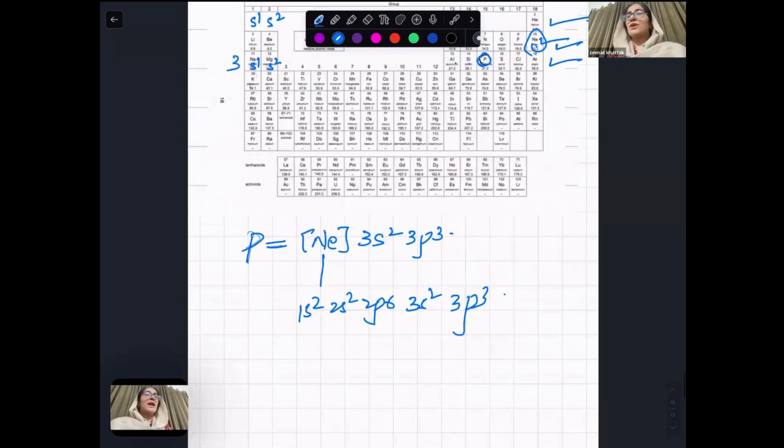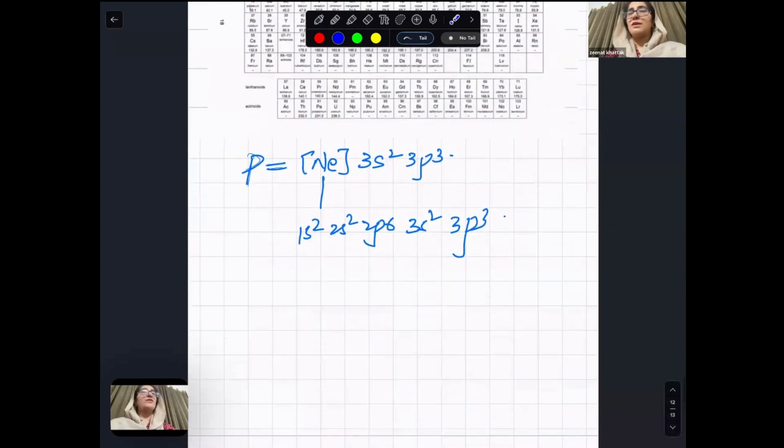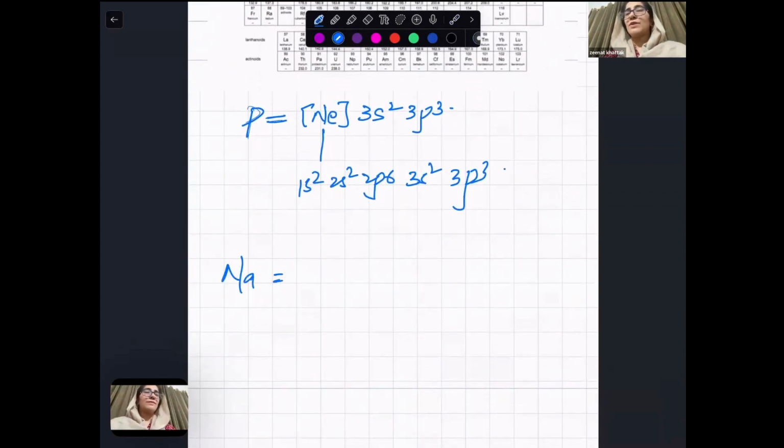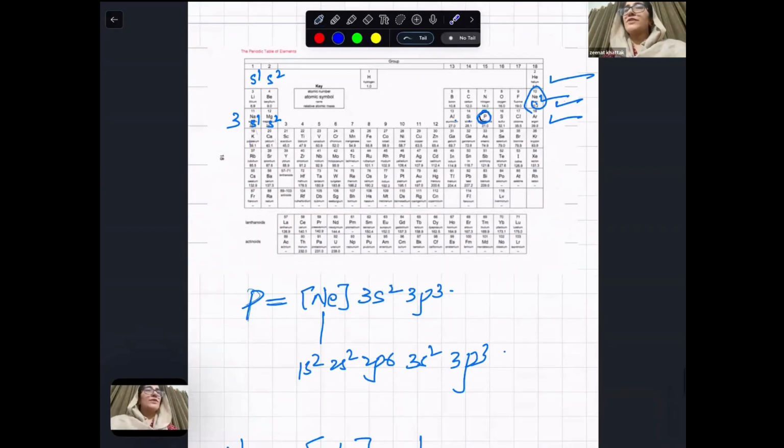Right? Can you do the configuration of, suppose, sodium? Sodium is neon 3s1. Shorthand, sodium is neon 3s1. That's it. And if I ask you the configuration of scandium, what are you supposed to write?